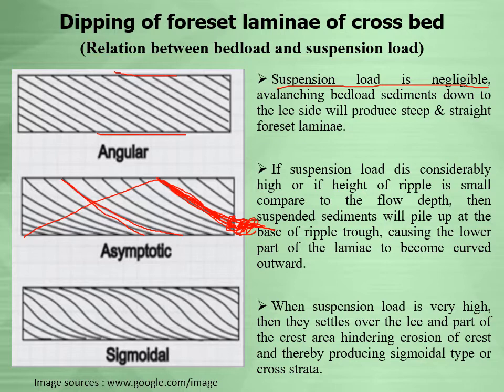So when a considerable amount of suspension material is there, the inclination of these cross laminae becomes gradually gentle towards the bottommost part, because that is the trough region of a ripple or dune where a calm condition exists. So all the suspended material is basically deposited along the trough region of the ripple or dune.